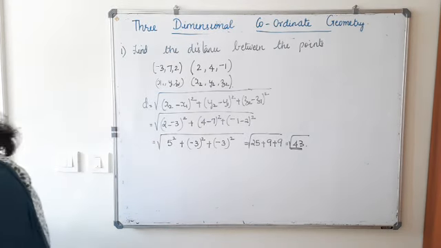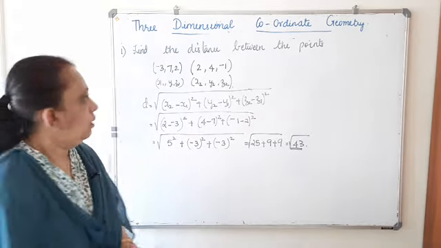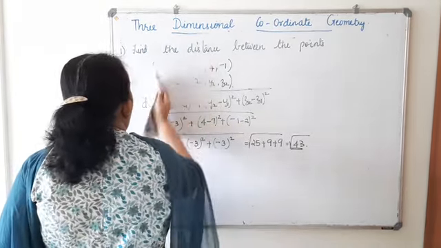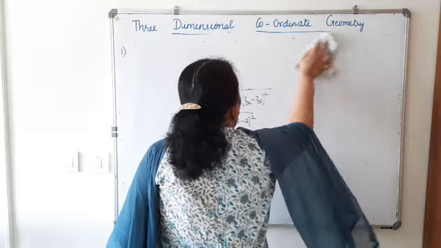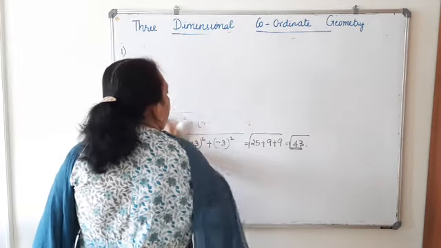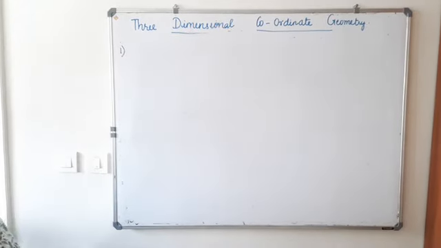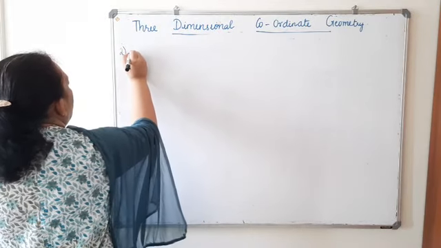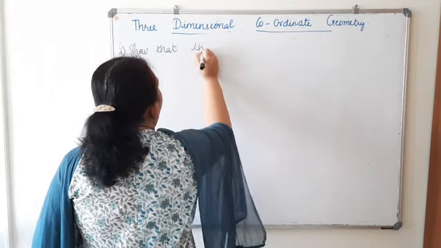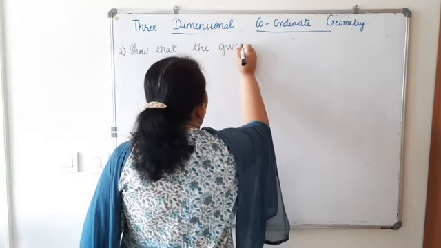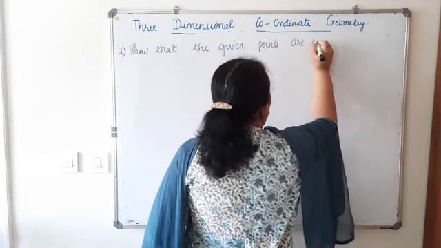Take down the next question. Show that the given points are collinear.